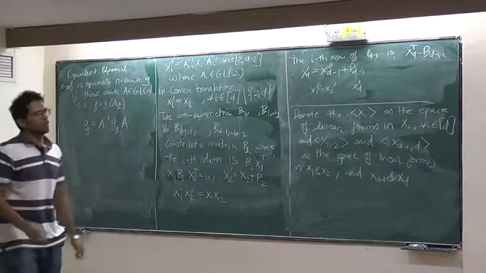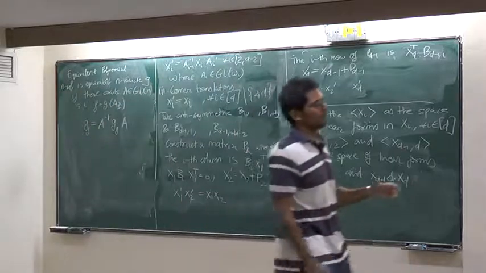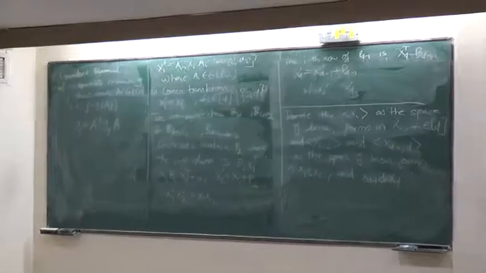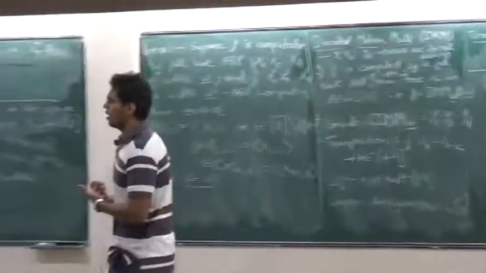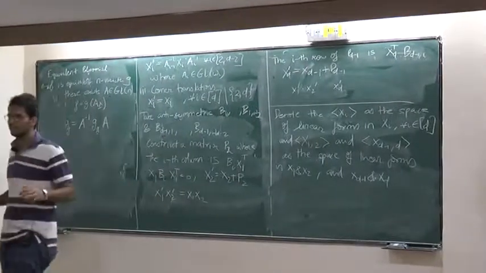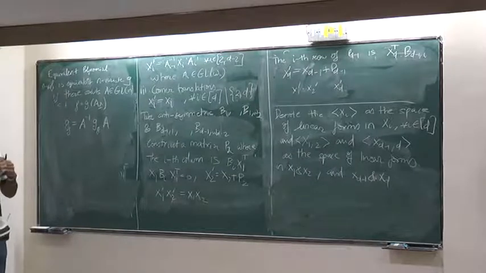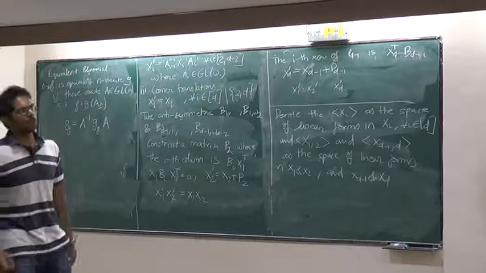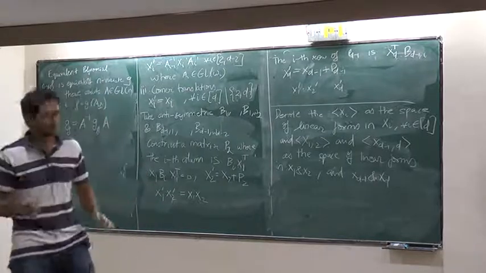What we are able to show is that if you pick a random matrix in the Lie algebra, then with high probability it has distinct eigenvalues, and that helps us compute the rest.